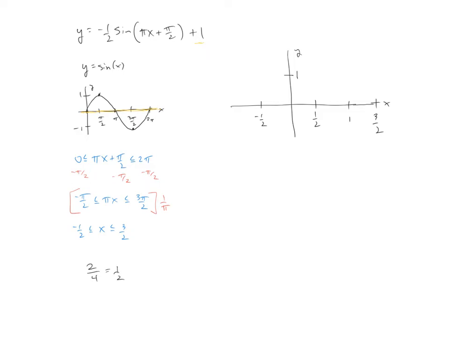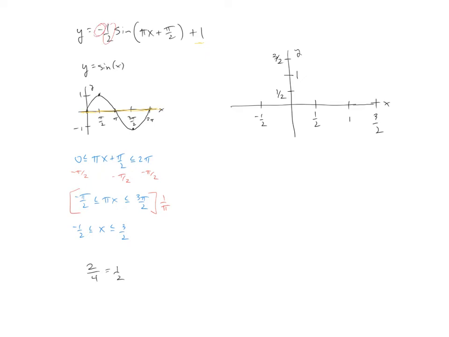It's just something that we visualize being there. Now, if everything moves up 1 unit, then the amplitude of 1/2 is going to make the maximum of the graph 3/2, and the minimum value is going to be 1/2.